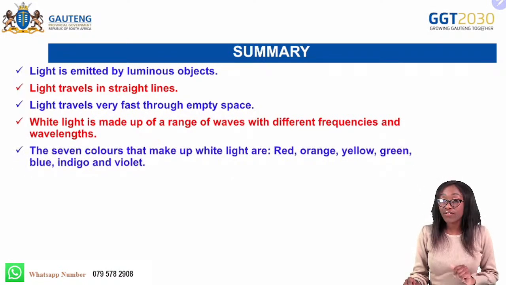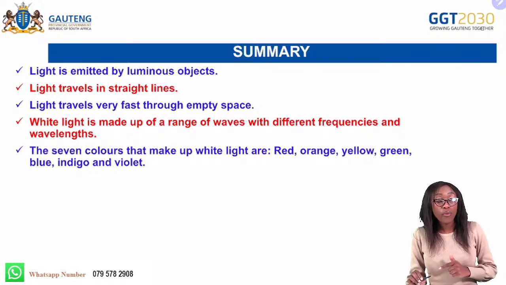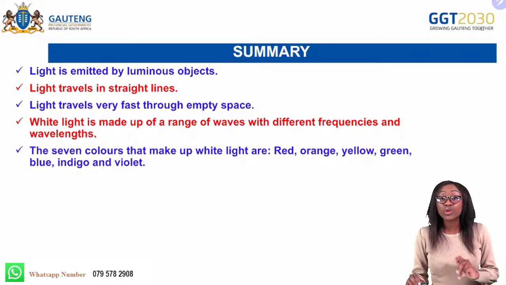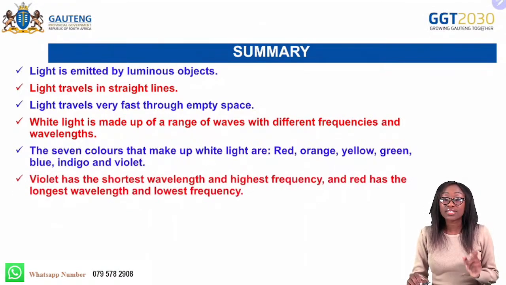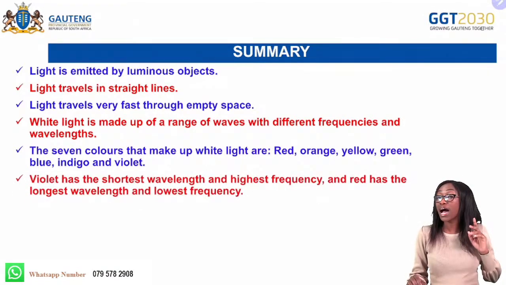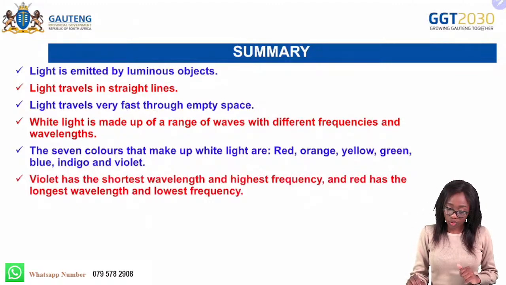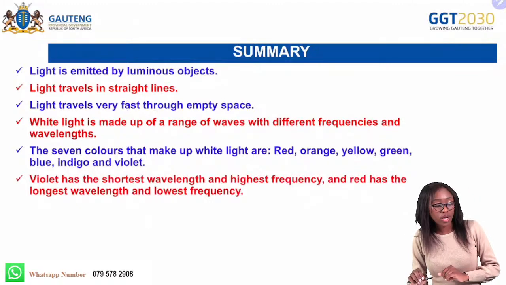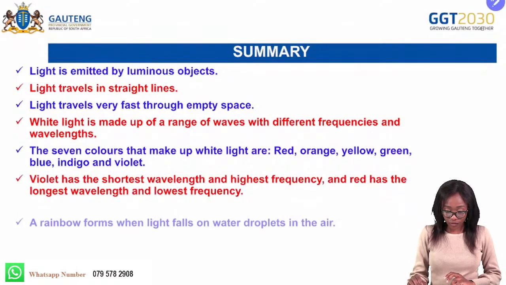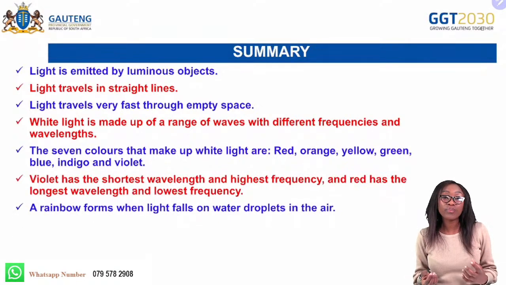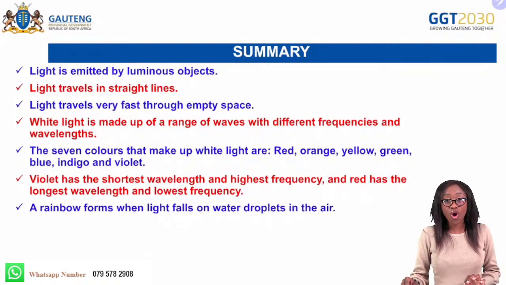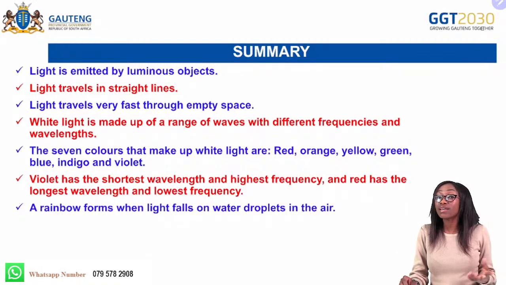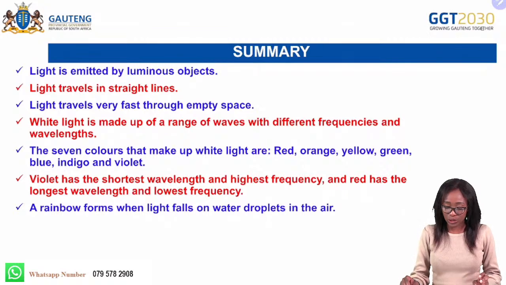And the 7 colors that make up white light are red, orange, yellow, green, blue, indigo, and violet. Violet has the shortest wavelength and the highest frequency, while red has the longest wavelength and the lowest frequency. And then a rainbow forms when light falls on water droplets that are in the air after a storm.